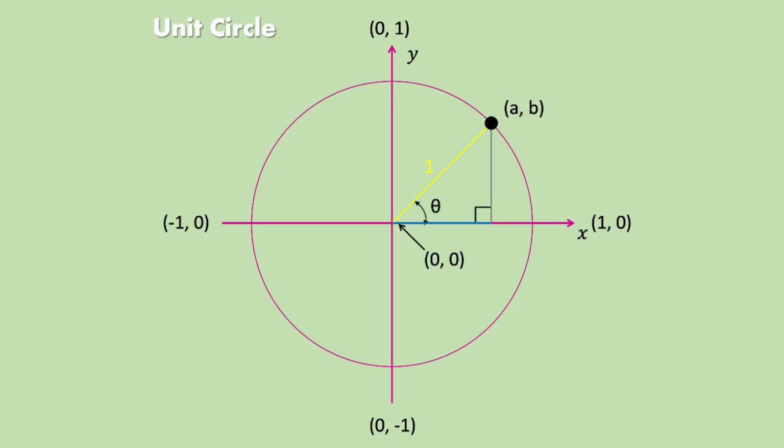As we see, the altitude line that was dropped is the opposite side of the angle theta, and its value is equal to the y-coordinate, or intersection. So this line will be equal to b, or the y-coordinate. The length of the adjacent side of the angle theta will be equal to a, or the x-coordinate.